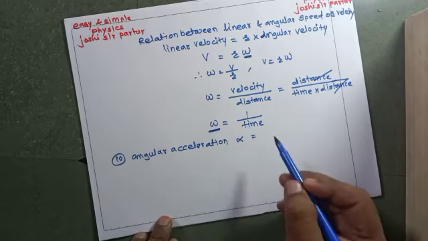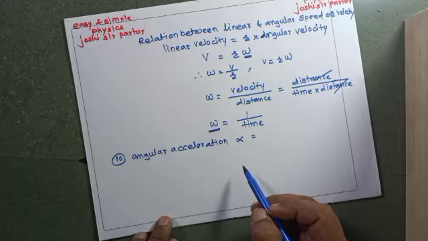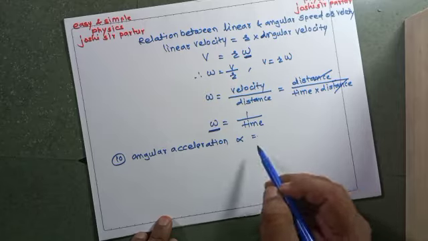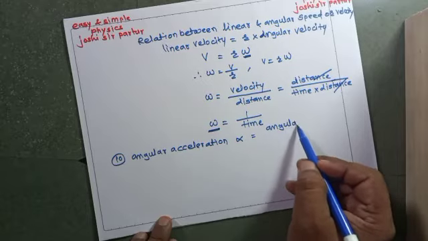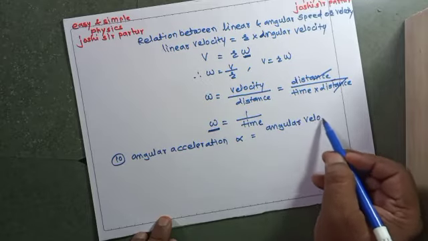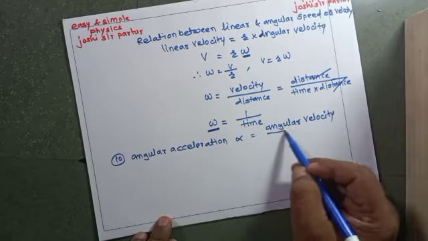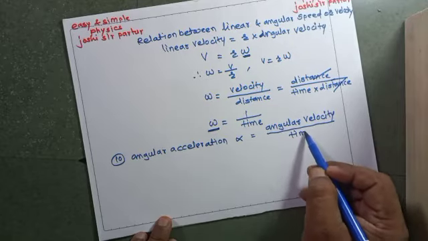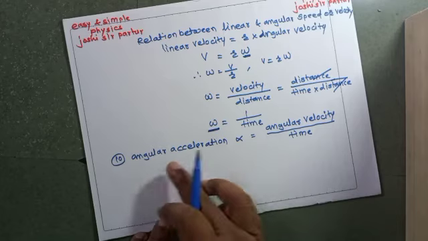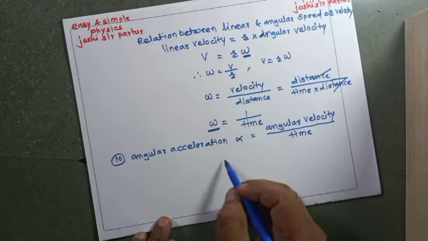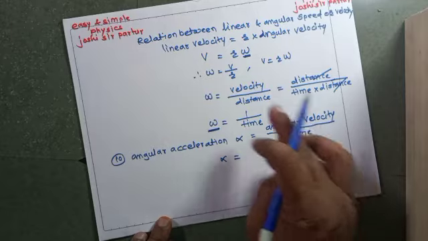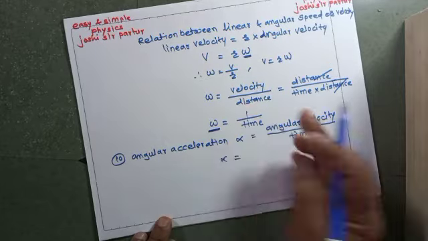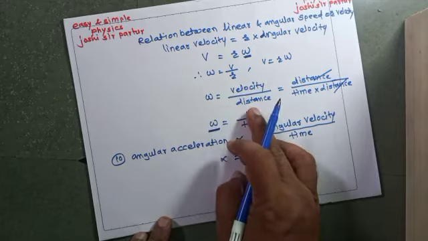Its definition is the rate of change of angular velocity with respect to time, which is called angular acceleration. So alpha is equal to angular velocity upon time, or linear velocity upon distance.